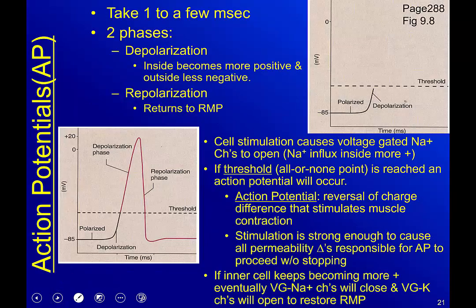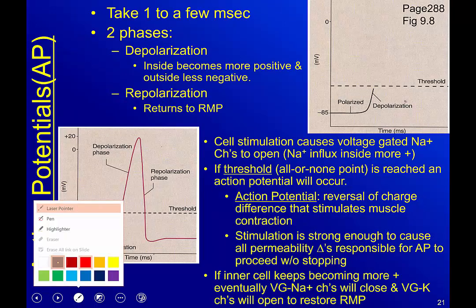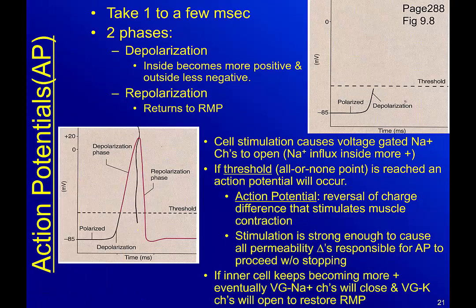So, there are two phases to an action potential. And you can see them here. Where I'm measuring, remember I said between -70 and -90, so this is at -85. I'm measuring what's happening in the cell. When that inside becomes more positive, we call it depolarization. When the inside goes back to where it started at the resting membrane potential, RMP, it's called repolarization, okay?